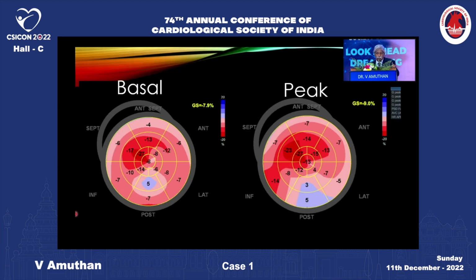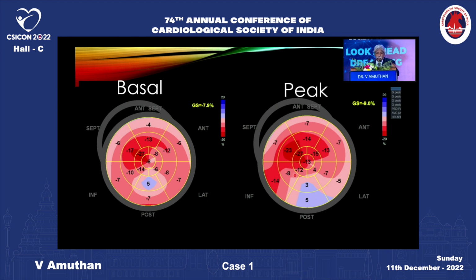This is the basal stress strain echo, and you can see here the GLS is around -8, and you can see here the tri-layered pattern. This has increased with exercise. The area of the tri-layered pattern has increased compared to this. The regional distribution has increased.